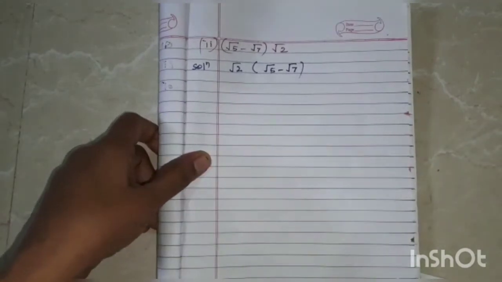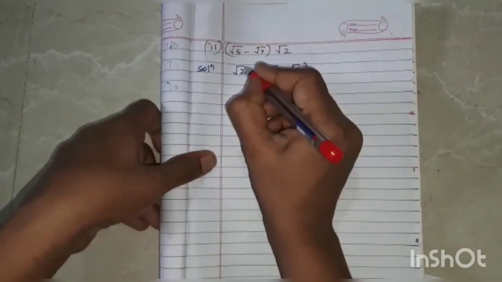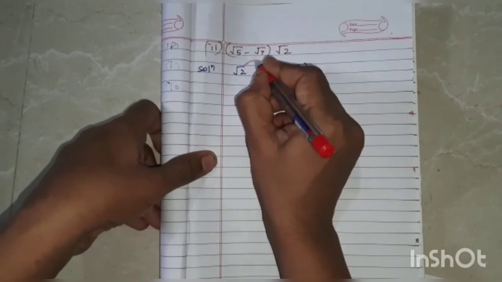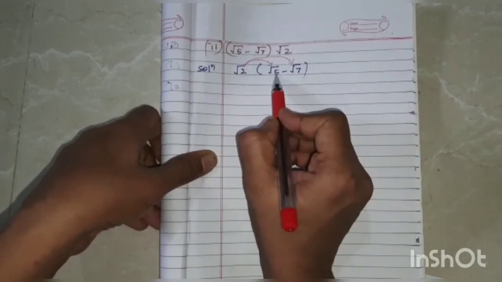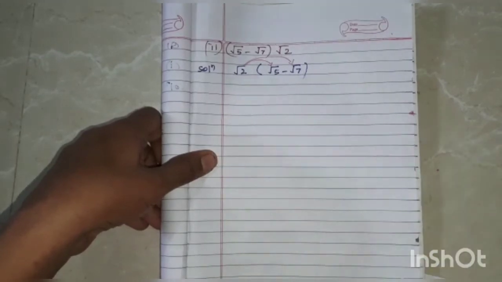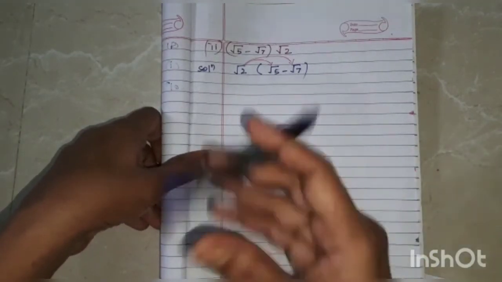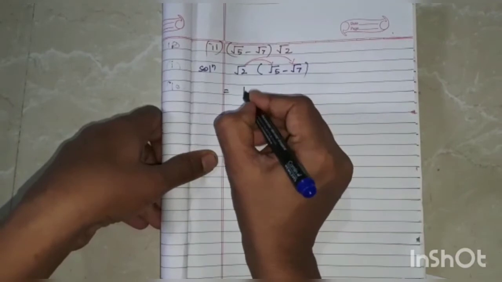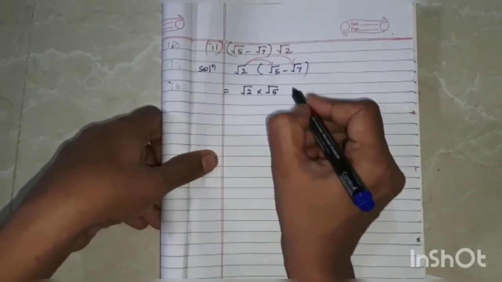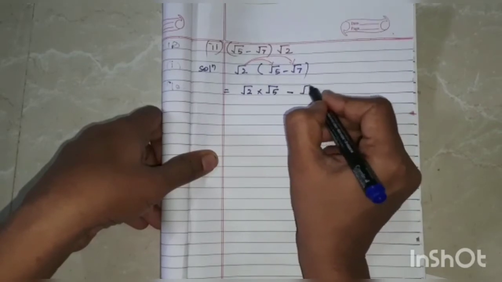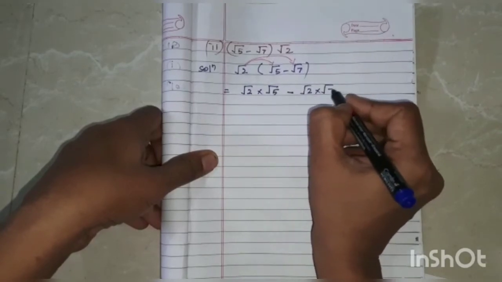Again I will draw an arrow. This arrow tells us that I have to multiply root 2 with root 5 and root 2 with root 7. So my next step will be root 2 multiplied by root 5, minus sign as it is, then root 2 multiplied by root 7.